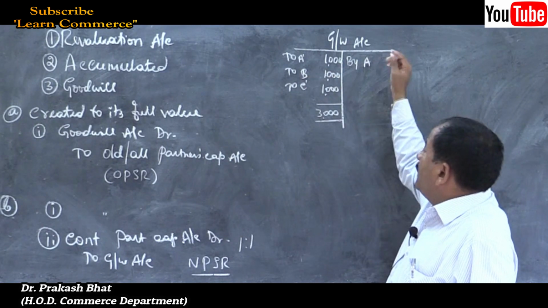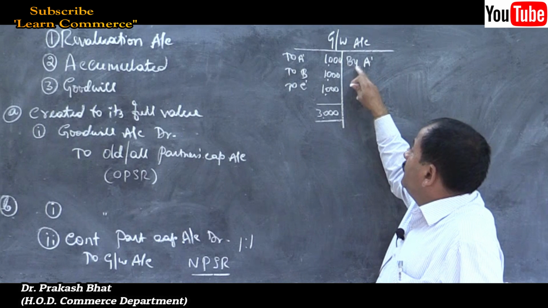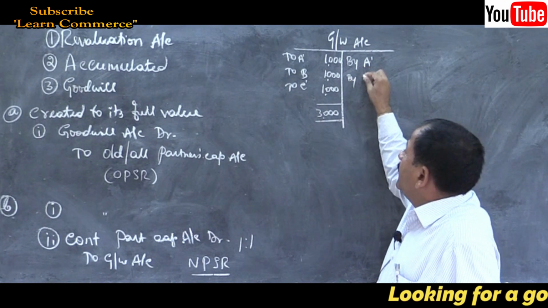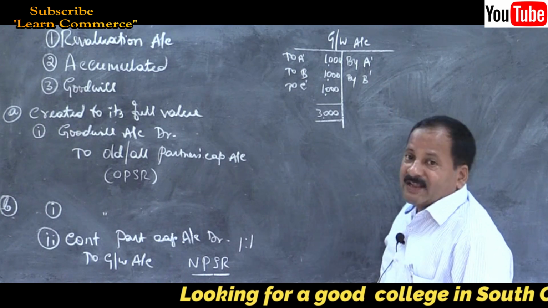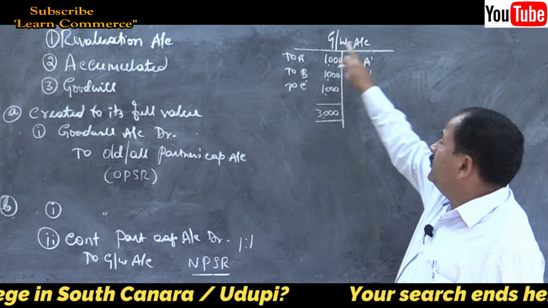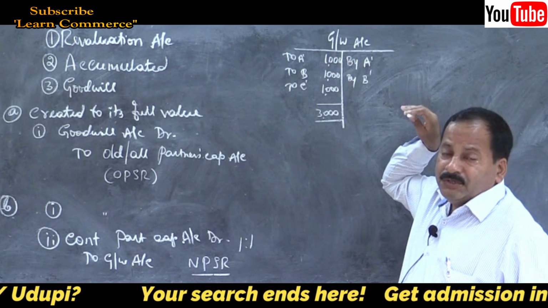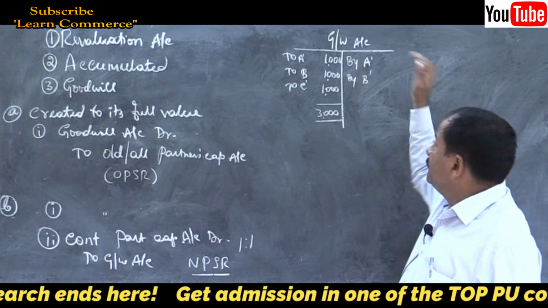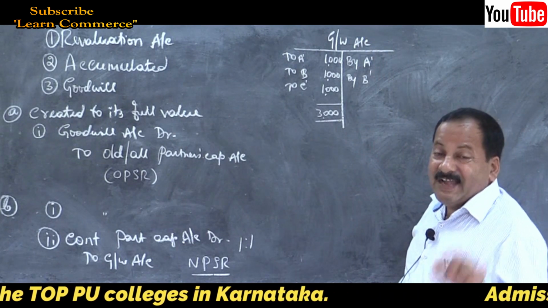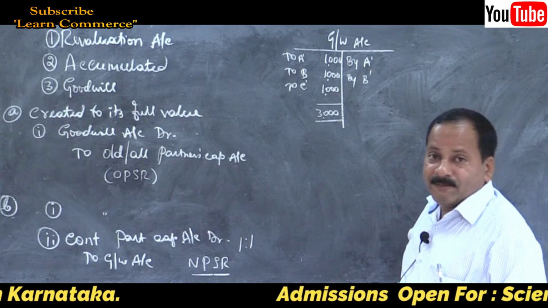So continuing partners' capital account debtor: A's capital account debtor, B's capital account debtor, to goodwill account. That is what we have to do. This is the entry for writing off the goodwill.